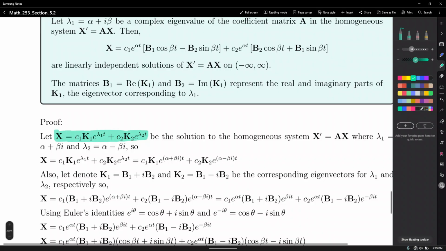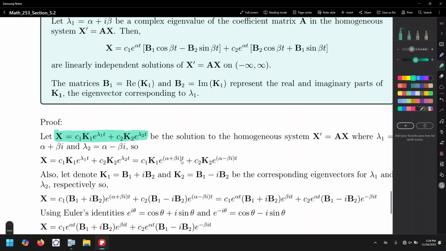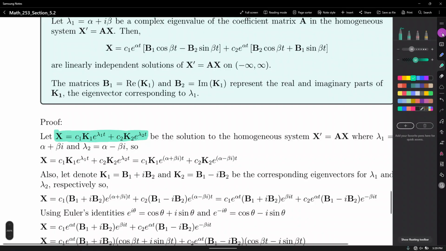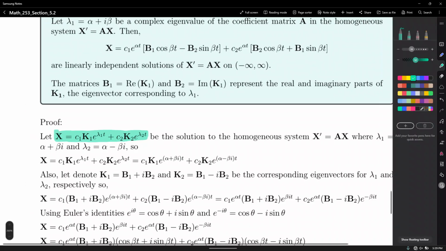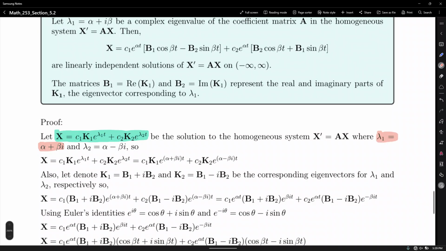I mean, it's exactly the same type of solution, except that this time we will replace lambda with, guess what, alpha plus beta i, alpha minus beta i.